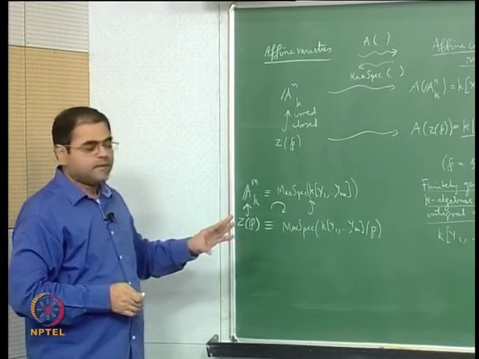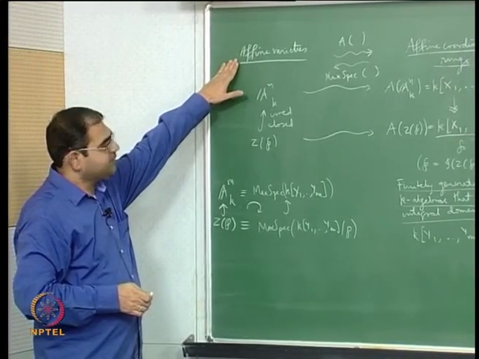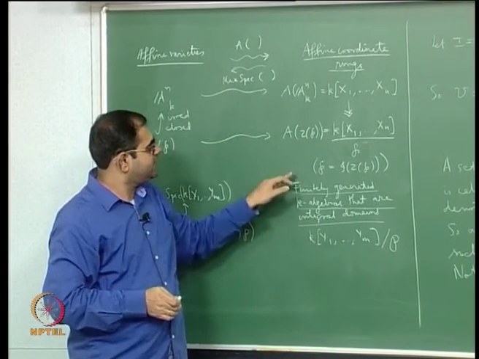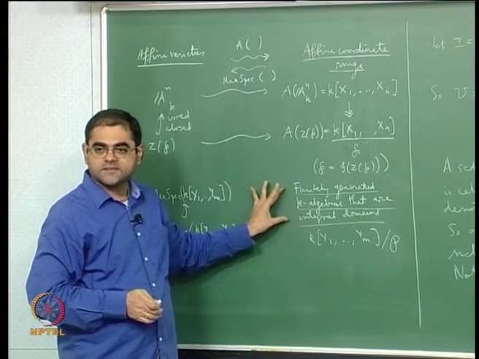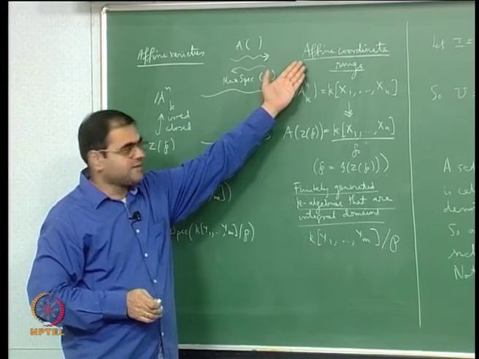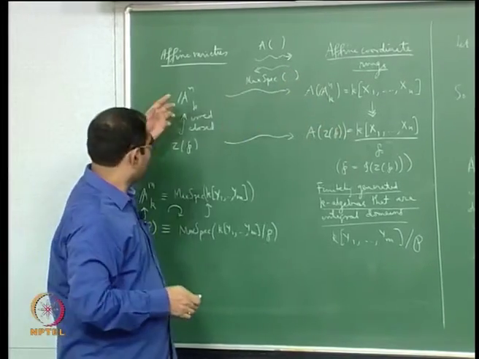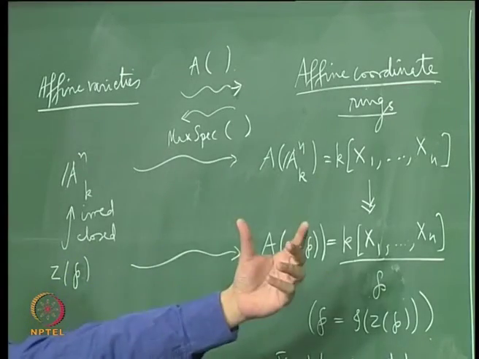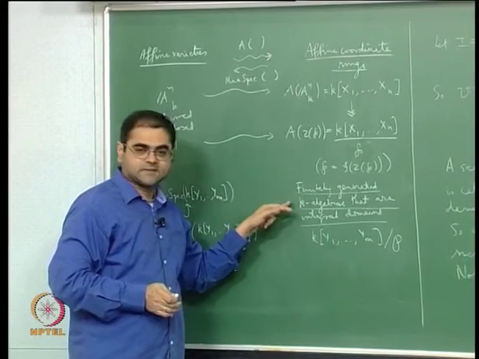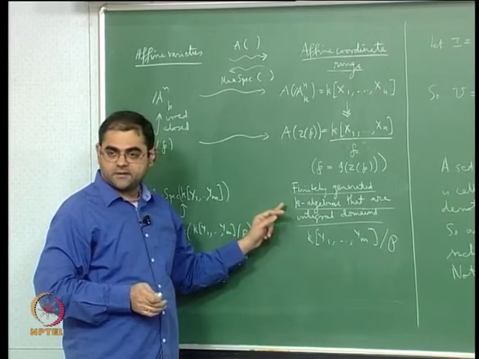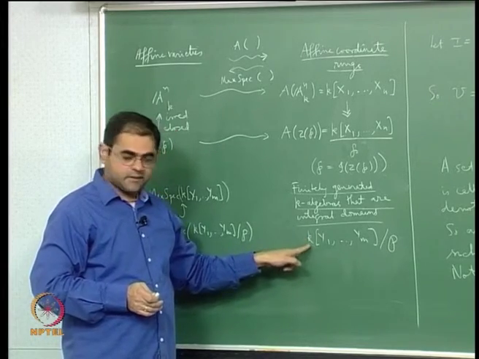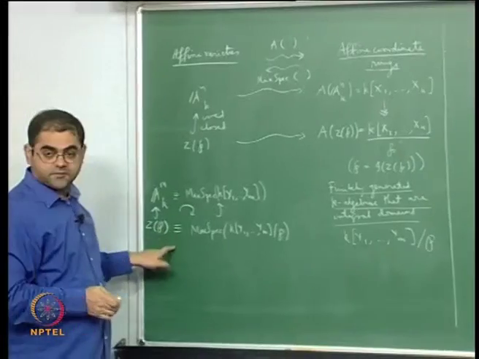Now what I am going to do is slightly modify things. I am not saying that the objects on this side are affine coordinate rings, because when I say they are affine coordinate rings, it means that I am already starting with something here and taking its affine coordinate ring. But instead, if I want to independently define it on this side, I simply define it like this: finitely generated K algebras that are integral domains. So in particular, something like this does come from here.